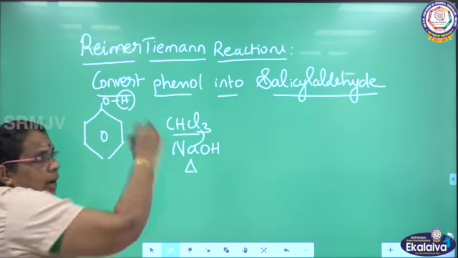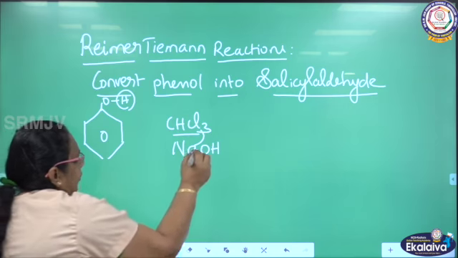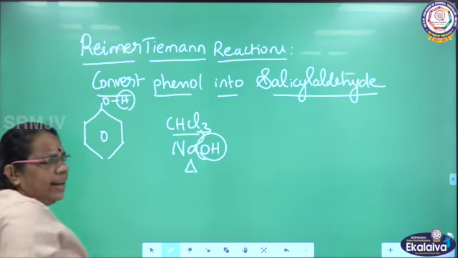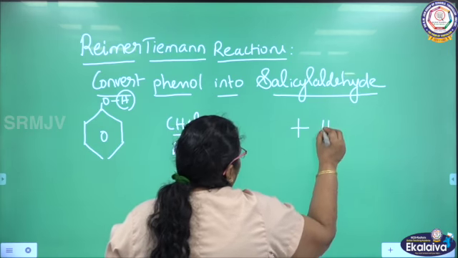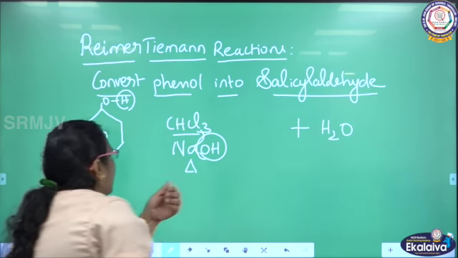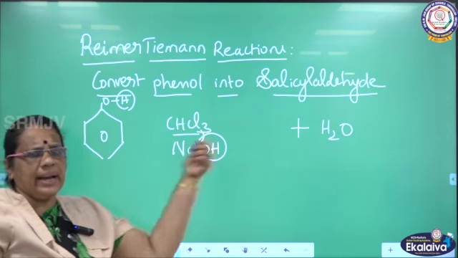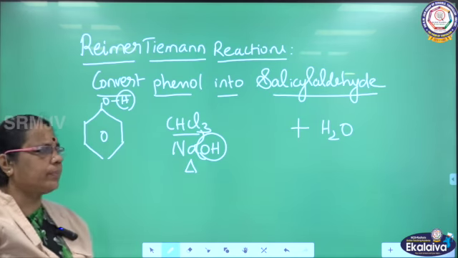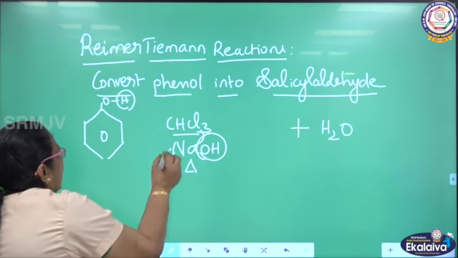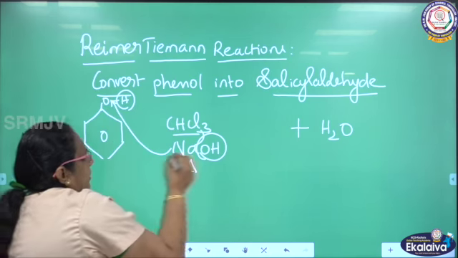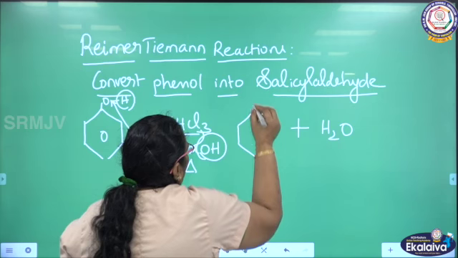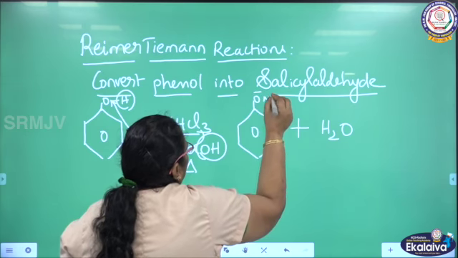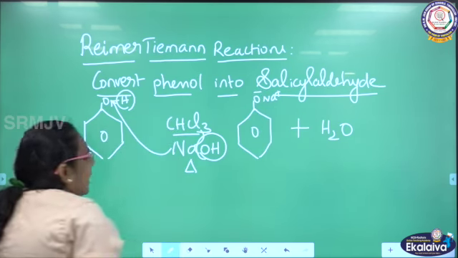Hydrogen from phenol and OH from sodium hydroxide will be removed as water. What is substituted in the place of hydrogen? Sodium is substituted. Write down C6H5ONa.